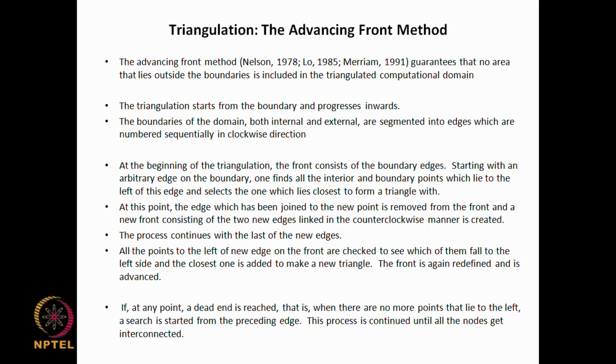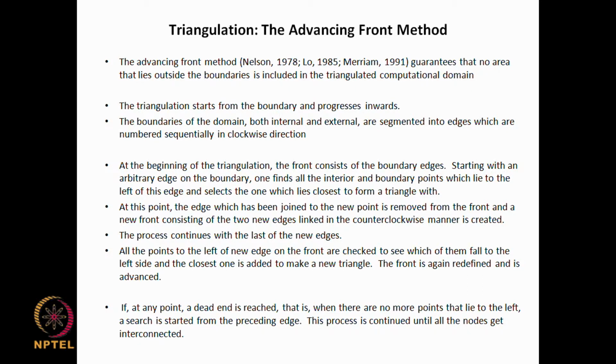At this point, the edge which has been joined to the new point is removed from the front, and a new front consisting of the two new edges linked in the counterclockwise manner is created. The process continues with the last of the new edges. All the points to the left of the new edge on the front are checked to see which of them fall on the left side, and the closest one is again taken to make a new triangle. So, the front is again redefined, and then we continue like this.